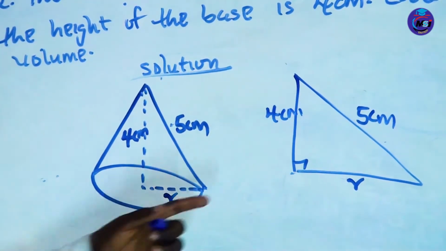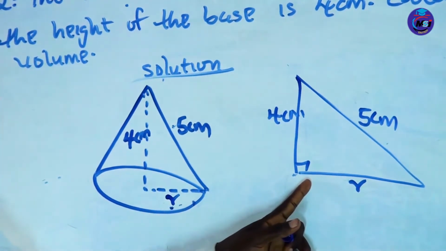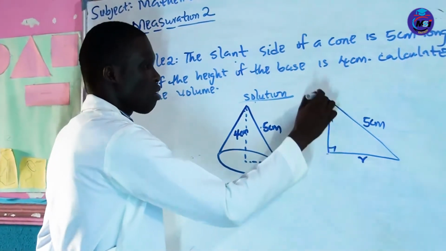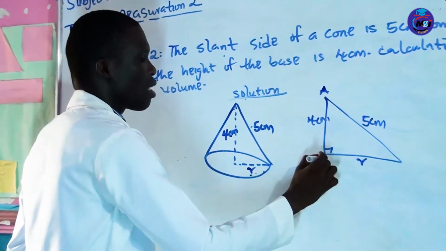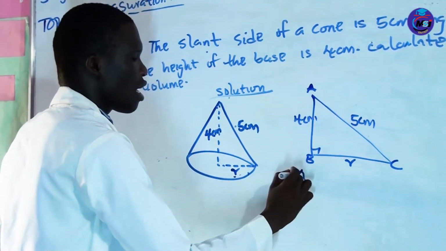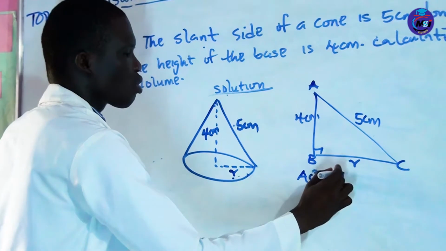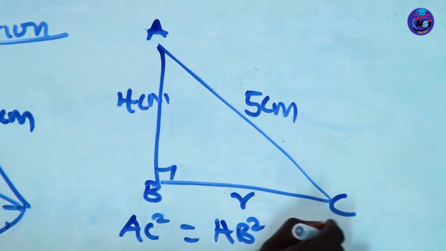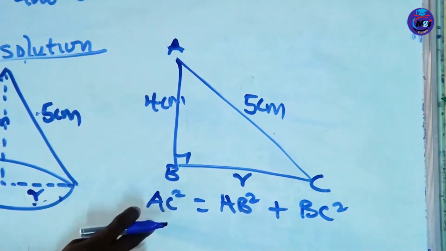Now, from here, you can apply Pythagoras theorem. And when you apply Pythagoras theorem, what happens? You are going to have A, B, C. So this will give you AC square equals to AB square plus BC square. What is AC?